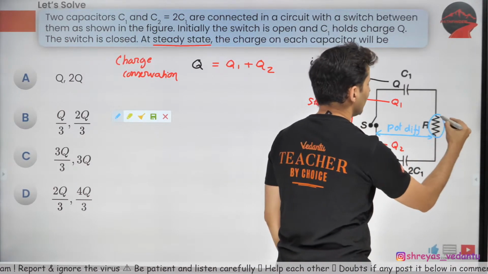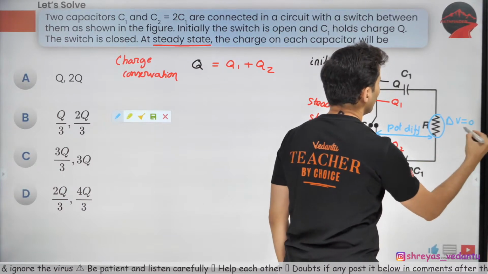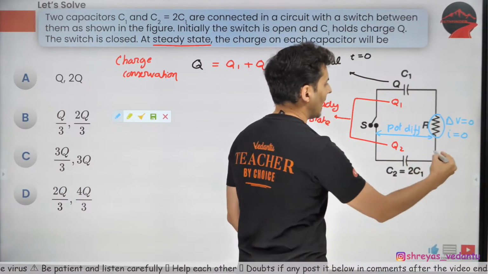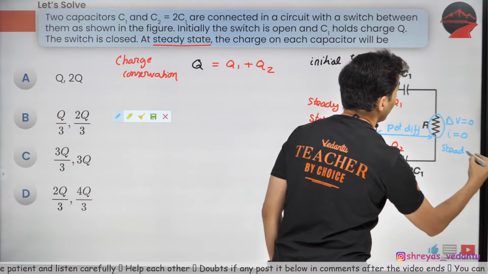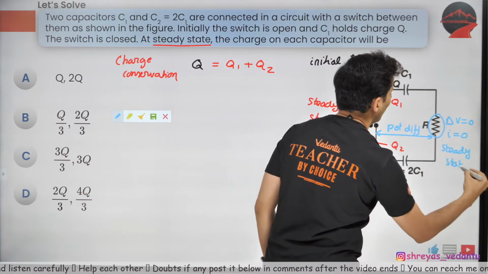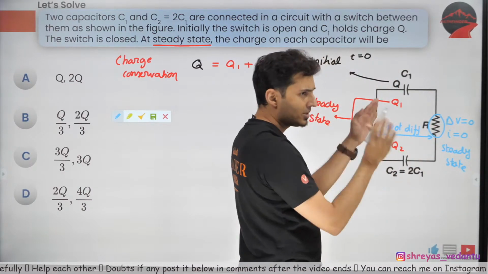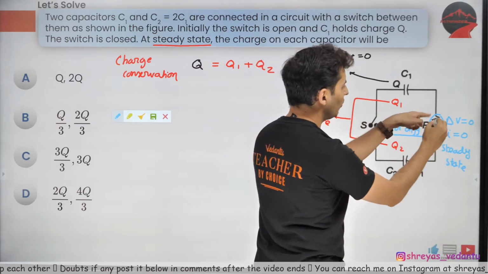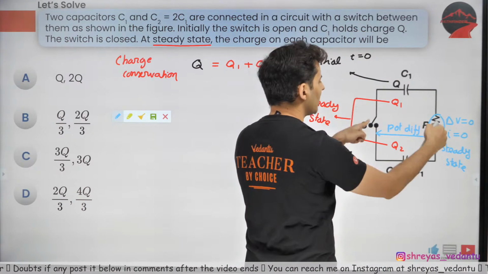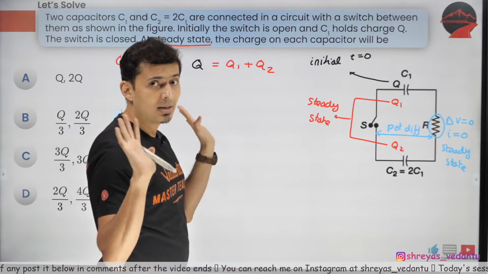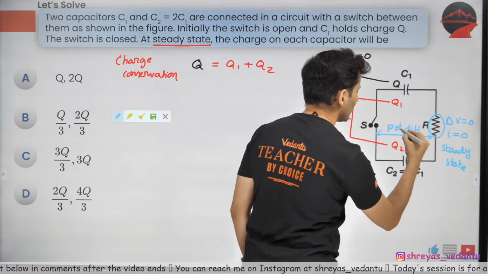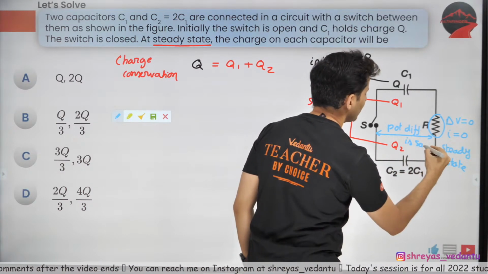Anyways, this resistor, the voltage difference will be 0 because the current is 0 at steady state. Remember that at steady state there will be no current flowing in the circuit because charges have stabilized. So there is no voltage here. So whatever voltage you get here will be the same voltage here. Everybody getting this point? Okay, so potential difference is same.